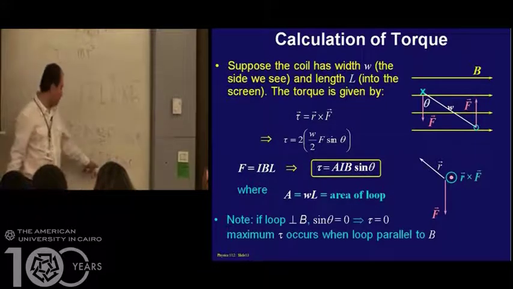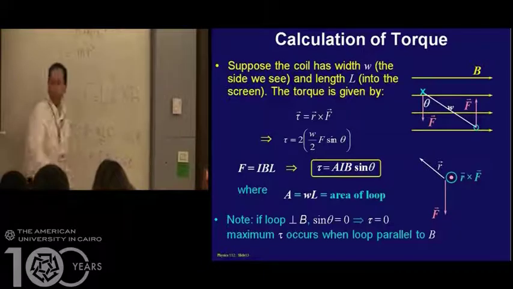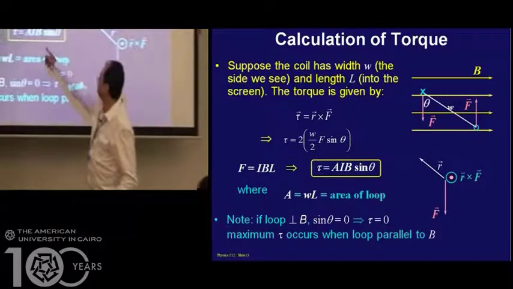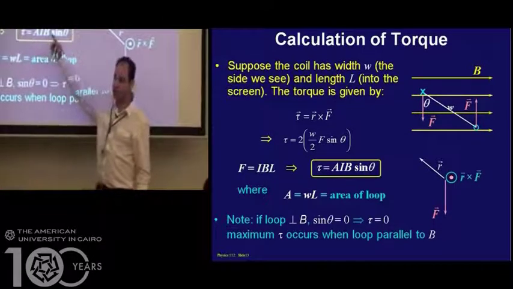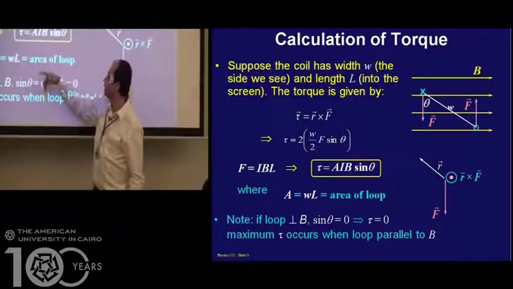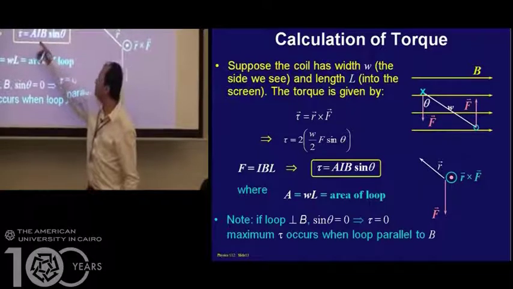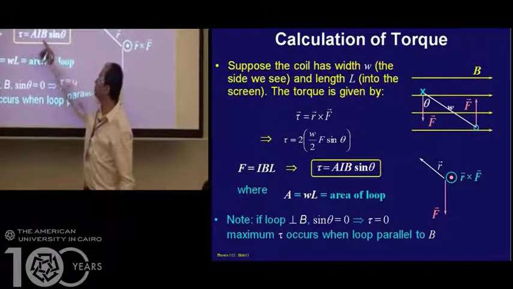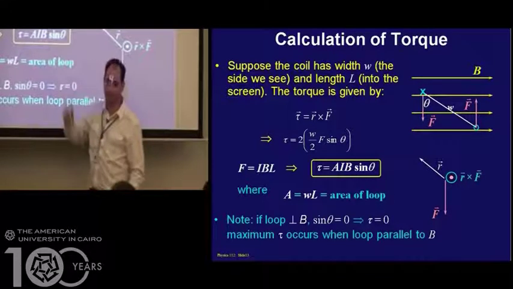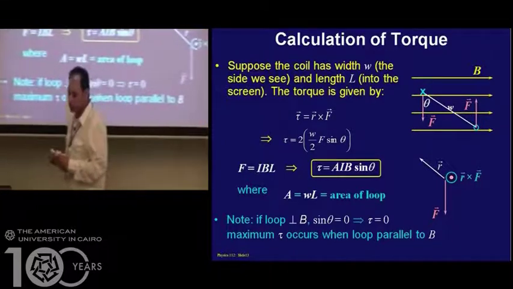So actually, the torque in that case is equal to the area times the current times the magnetic field times sine theta. I can actually write that in a more scientific way. I say that actually it's I times A cross B. But let's look at this.